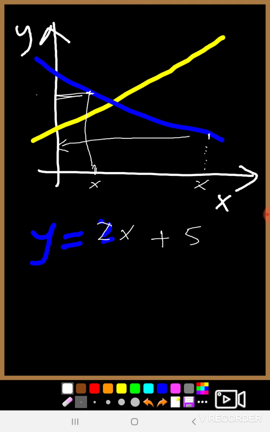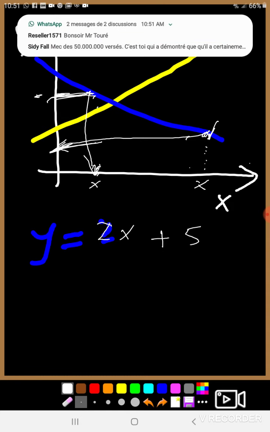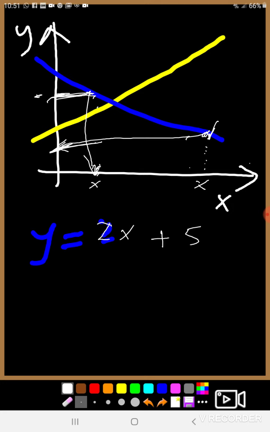In that case, we see that if x becomes bigger, y becomes smaller. And if x is smaller here, y becomes bigger. The smaller value of x corresponds to the bigger value of y, and the bigger value of x gives a smaller value of y. So that is what we have.